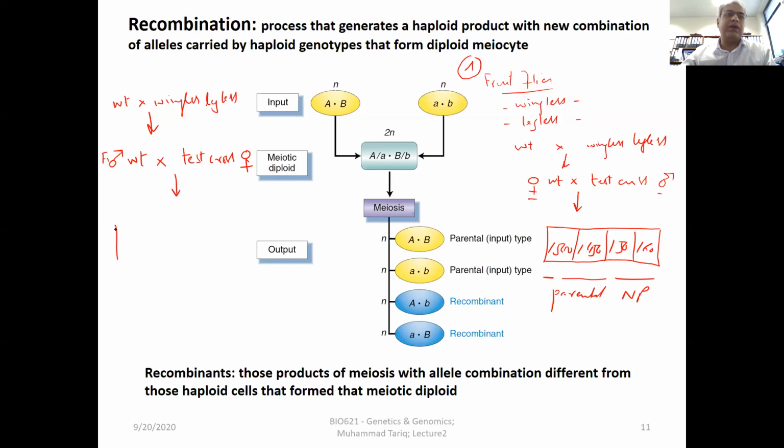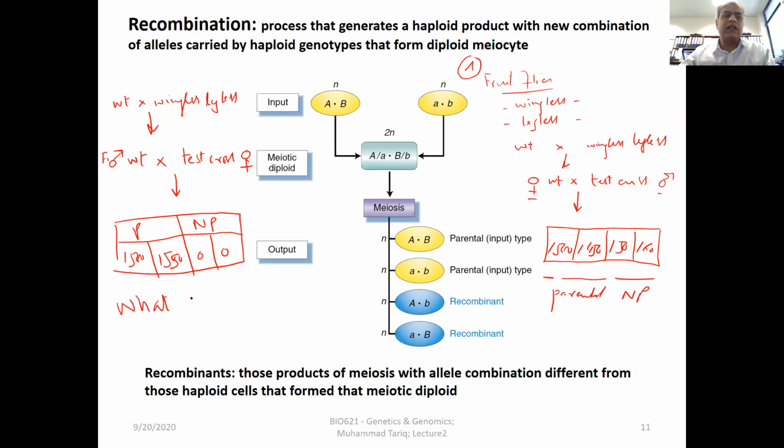Now you found parentals and non-parentals, let's say 1500, 1550, and 0, 0. Same traits.